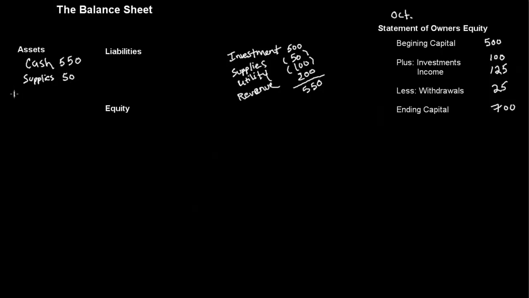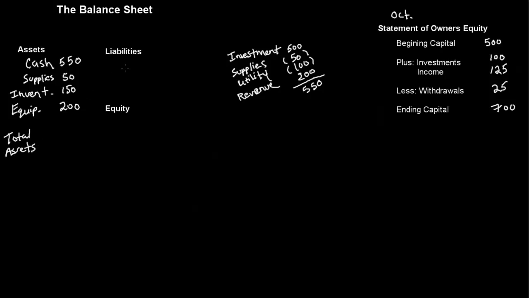Let's say that we had inventory, and I'll abbreviate that, of 150, and let's say that we had equipment totaling $200. And we'll just call this total assets at the bottom here.